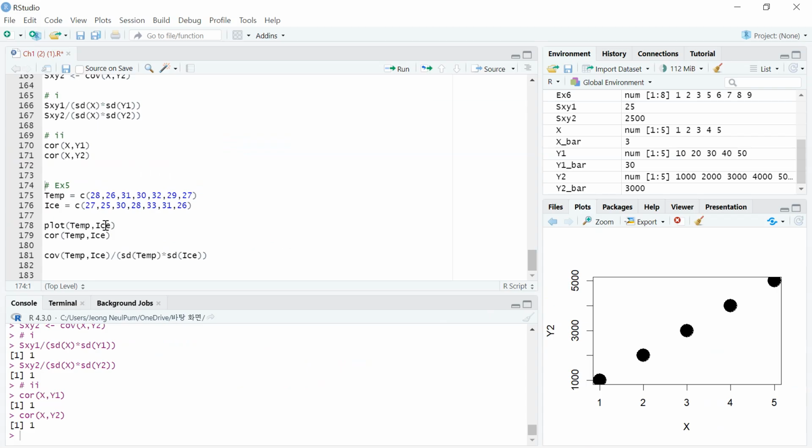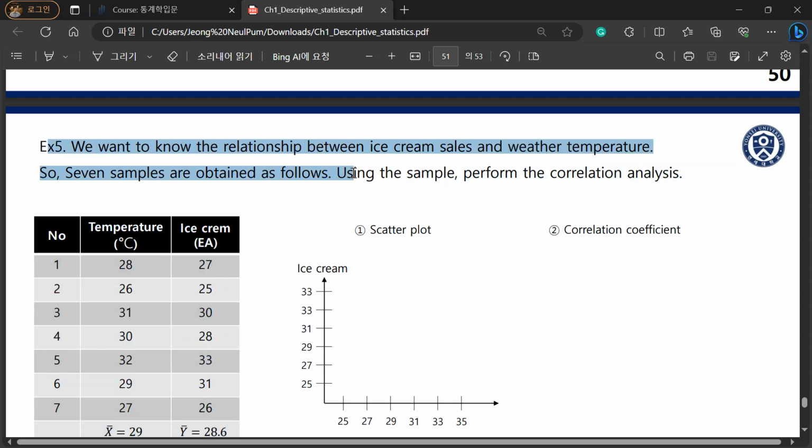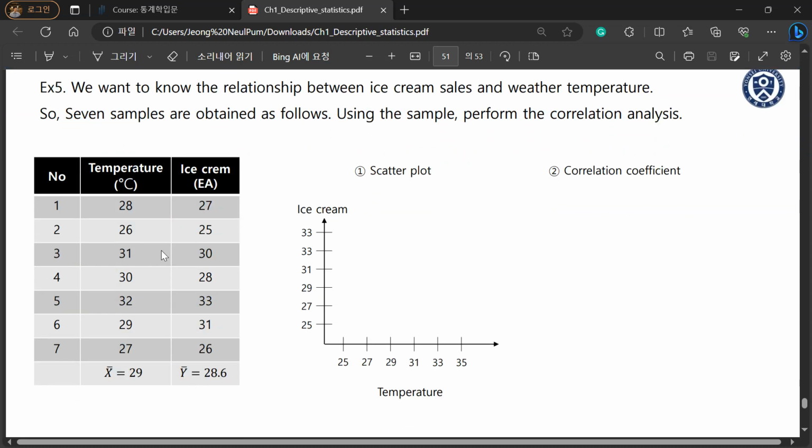So to sum up, we just learned about the various notions dealing with numerical statistics, and there is also example number 5. We can use the scatter plot or correlation coefficient between two data here.